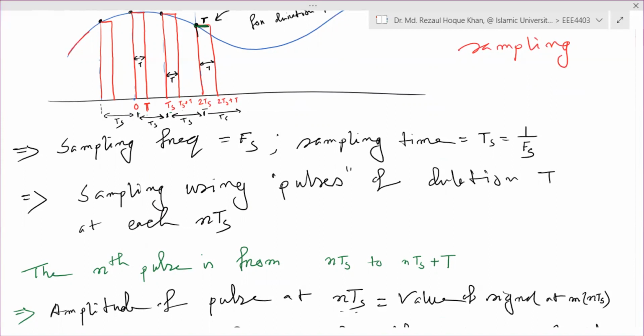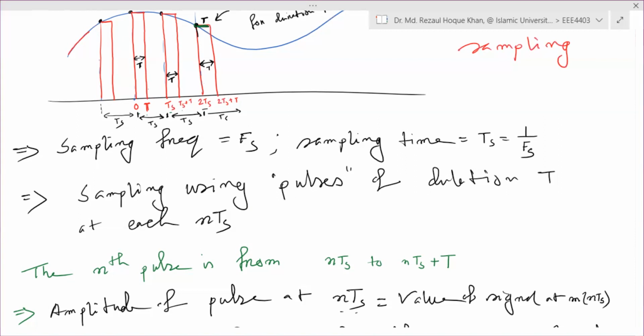Now, as this pulse duration T is a relatively small portion compared to the sampling interval, the smaller the duration of the pulses, the more precise the sampling will be.